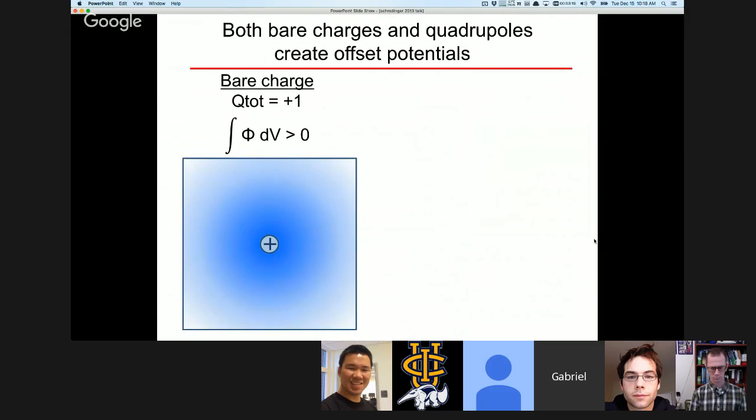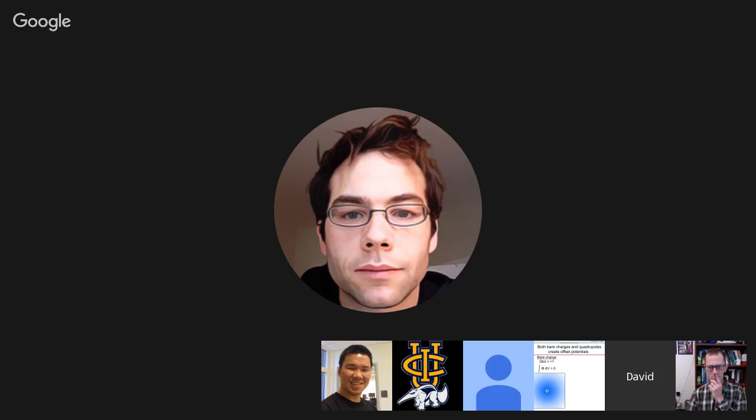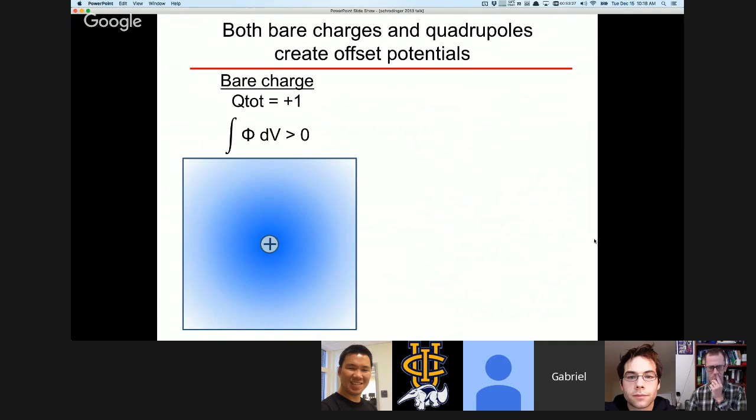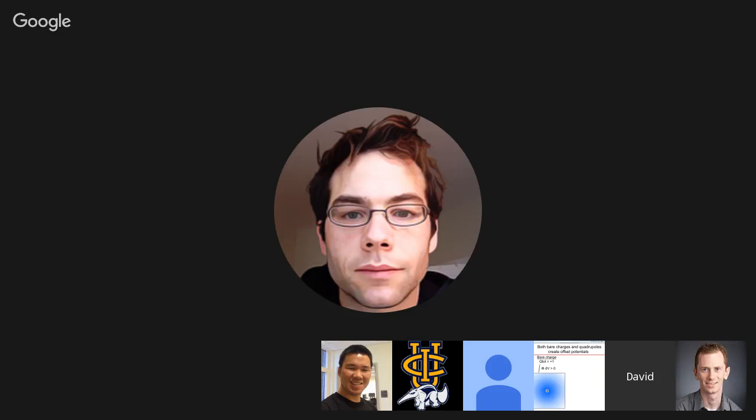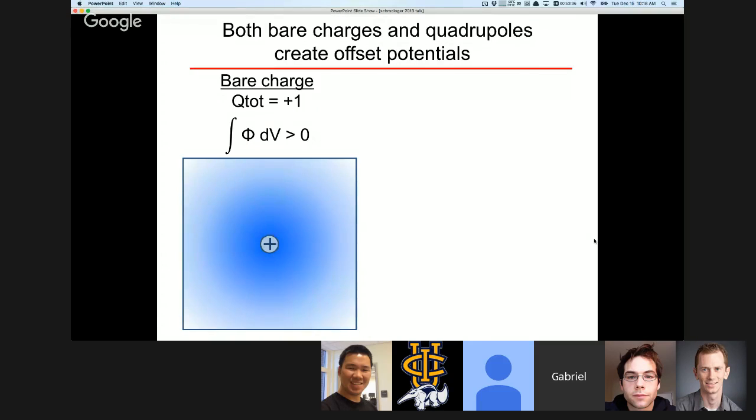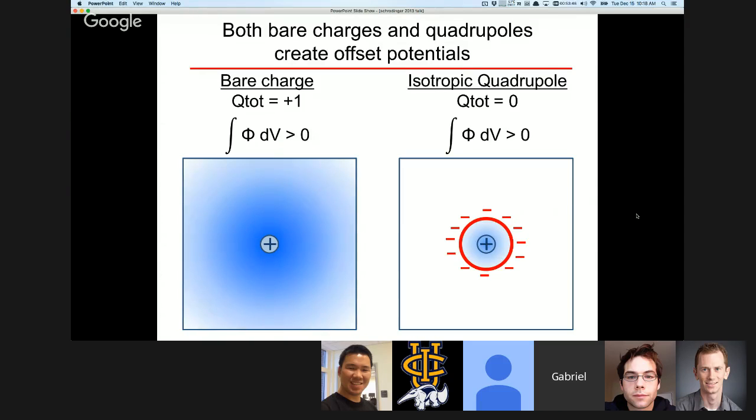First is a bare charge. If you have some charge that's not neutralized by something else, then it's creating some potential across your entire unit cell. So that's changing the average potential in the unit cell, and it's going to induce some kind of offset potential. Now, there's another thing that can change the average potential in your unit cell besides a bare charge, and that's what other people have called an isotropic quadrupole.